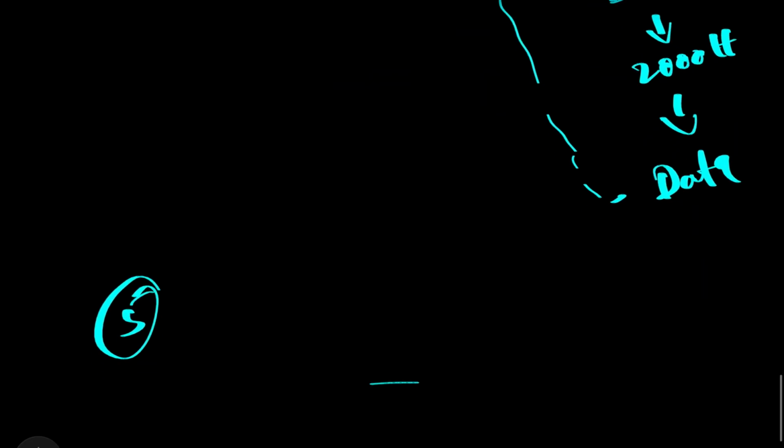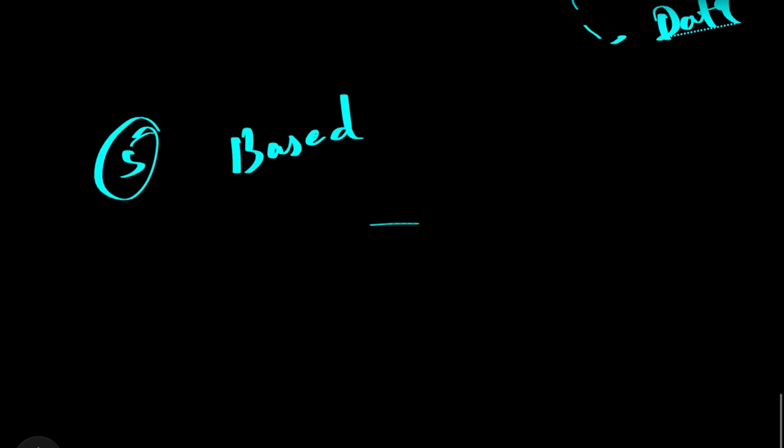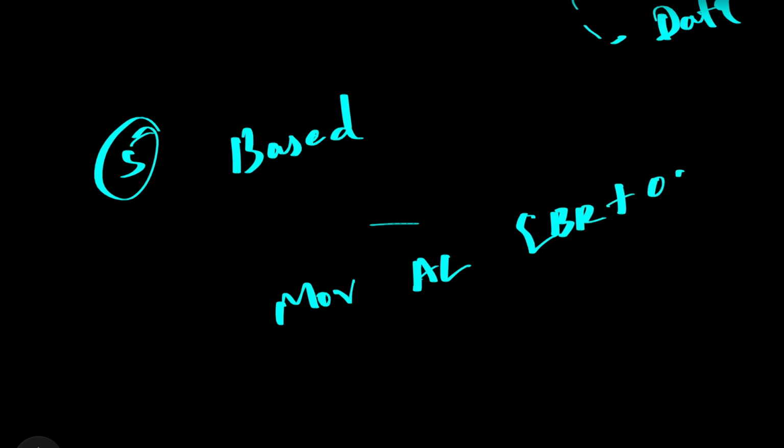And finally, the based addressing mode. This is quite interesting. We have a mnemonic, we have some register, and now we have BX plus 05. This makes the CPU understand that there is some address in the BX. Consider it is 2000H, whatever.